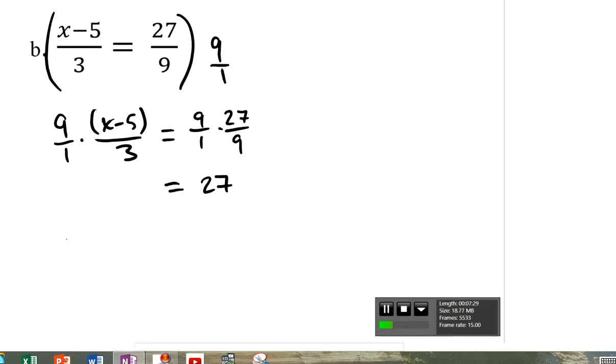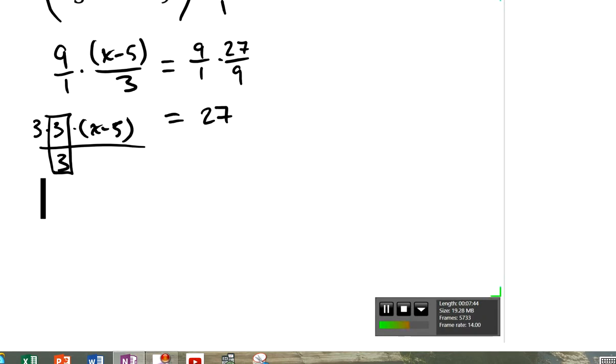So if I wanted to be real explicit, I could write it as 3 times 3 times x minus 5, all over 3. So you guys can see there's a big 1 there also, right? So that's 3 times the quantity of x minus 5, which would be 3x minus 15. So if I eliminate the big 1 and then distribute this 3, this is 3x minus 15.